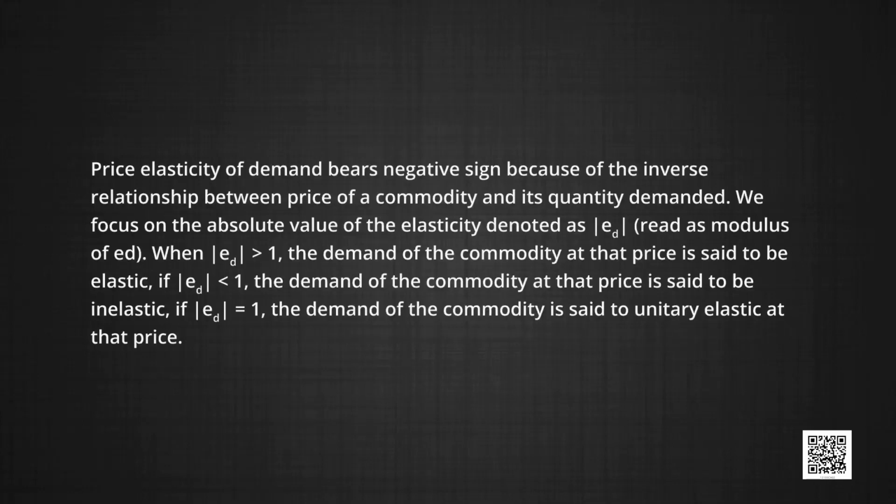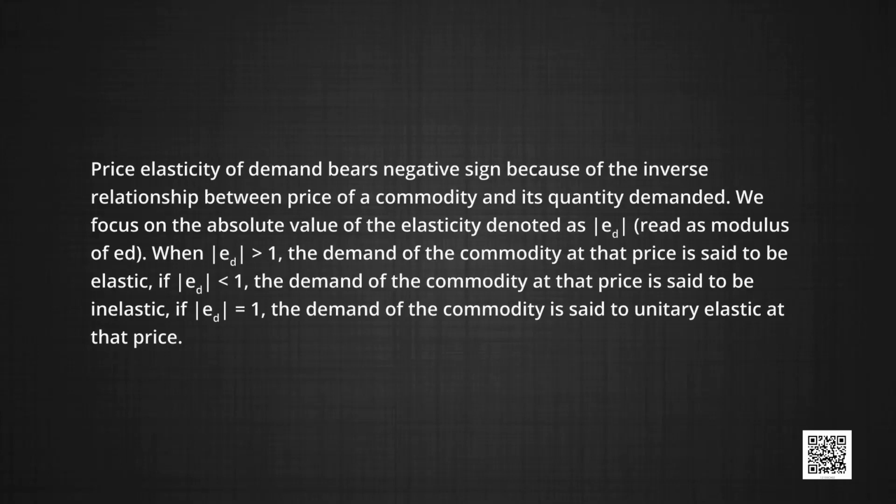The price elasticity of demand bears a negative sign because of the inverse relationship between the price of the commodity and its quantity demanded. We often focus on the absolute value of elasticity denoted by the modulus of ED.